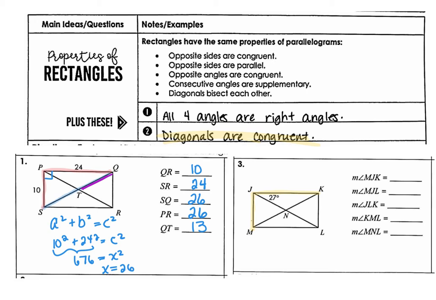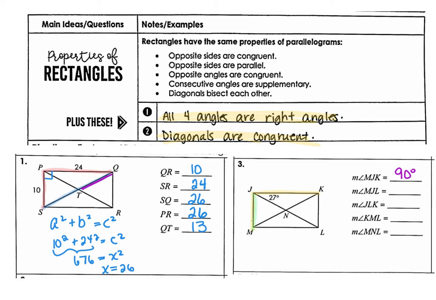Well, one of the attributes of a rectangle is that all of them are right angles, and they ask for one of the angles. So I don't have to do any calculation. A right angle is 90 degrees. So I know that MJK is 90 degrees. All right. The next one they ask for is MJL.